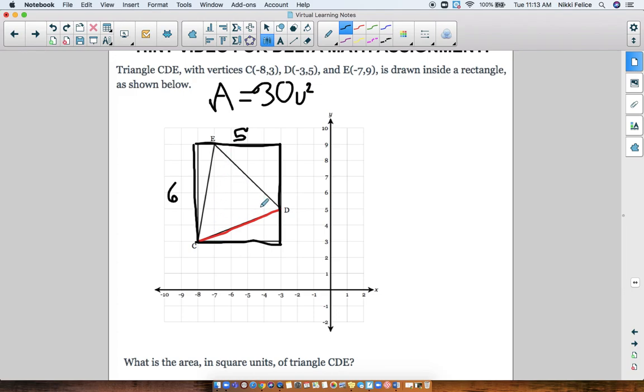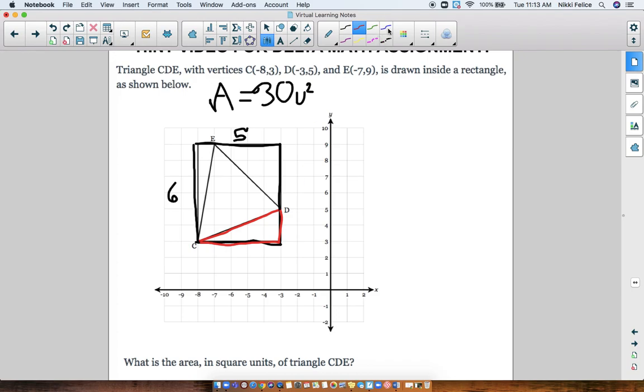Okay, so that's the area of this entire rectangle. Now remember, I only want this middle area. So if I know the area of the whole thing, I'm going to subtract away the areas of all these other triangles around it. See this little red triangle? I can figure out the area of this part and subtract it away. That's going to be easy because the base and the height are on the grid lines, so I can count the units.